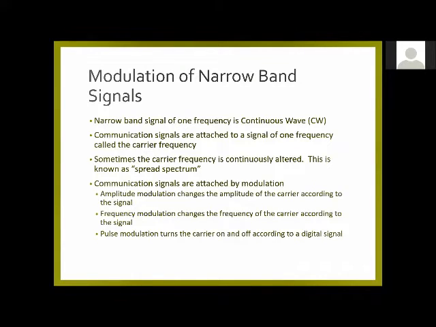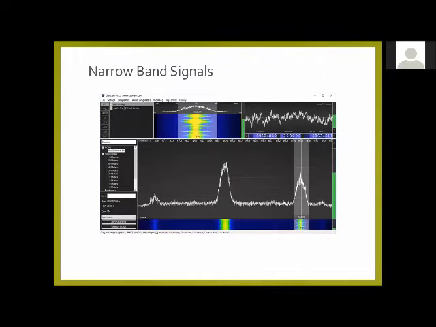Well, that changes the information. And then I get the information based on the amplitude. That is a really noisy signal because it picks up so much noise from the universe. Frequency modulation. Then I have my carrier wave, and I subtract or add to get my information. Pulse modulation turns the carrier on and off according to a digital signal.